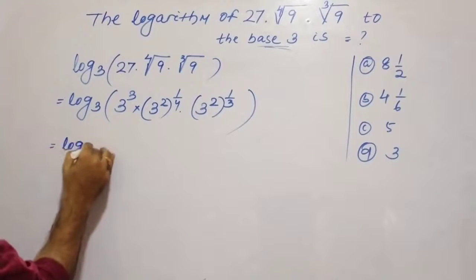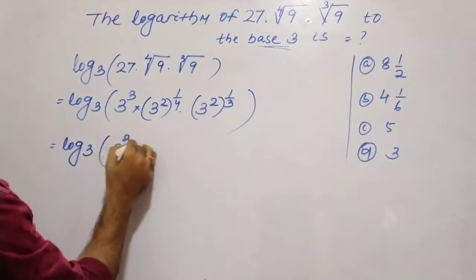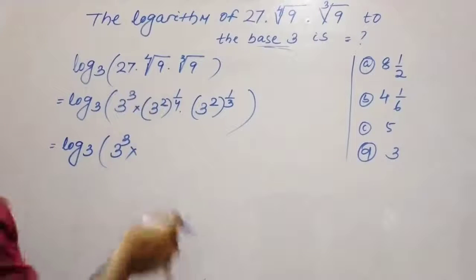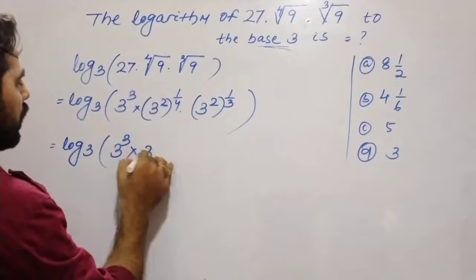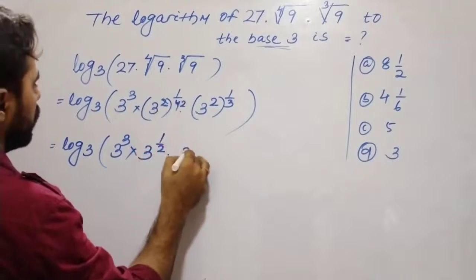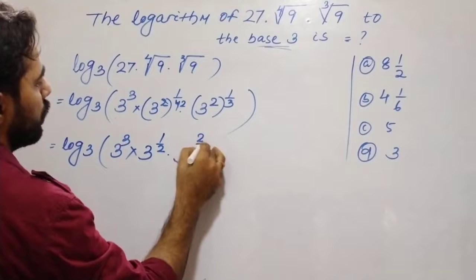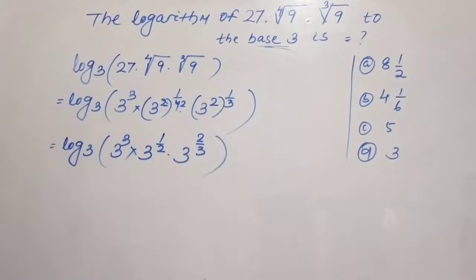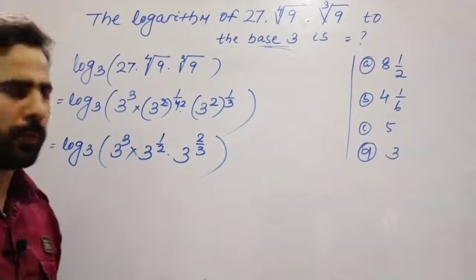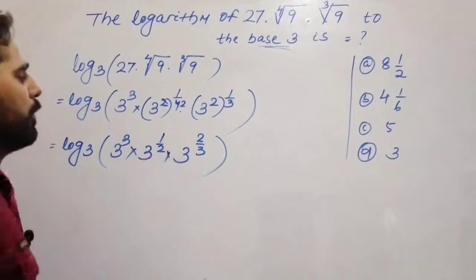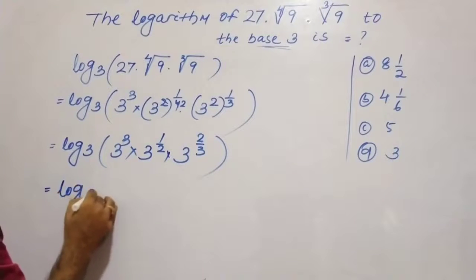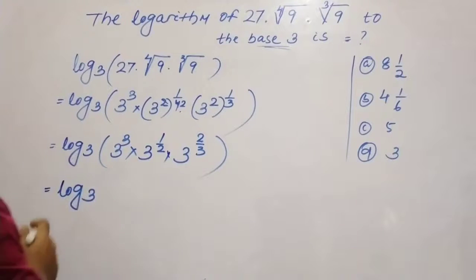Using a to the power m raised to n equals a to the power m into n, we get 3, 1 by 2, and 2 by 3. So log base 3 of 3 to the power 3 into 3 to the power half into 3 to the power 2 by 3.